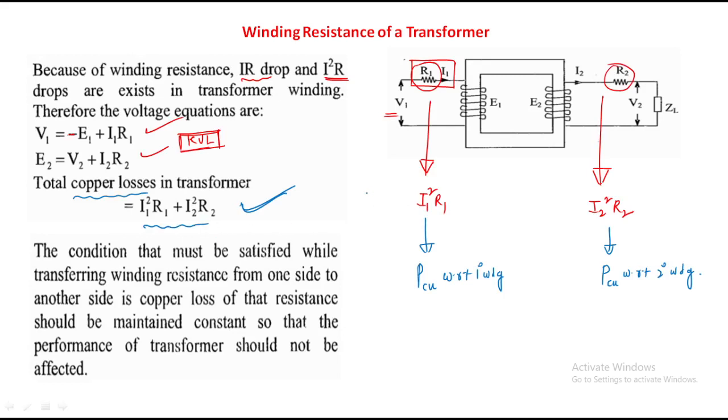Now I would like to change the secondary resistance, that is, R2 should be transferred from the secondary side to the primary side, and likewise the primary side resistance should be transferred to the secondary side, right?